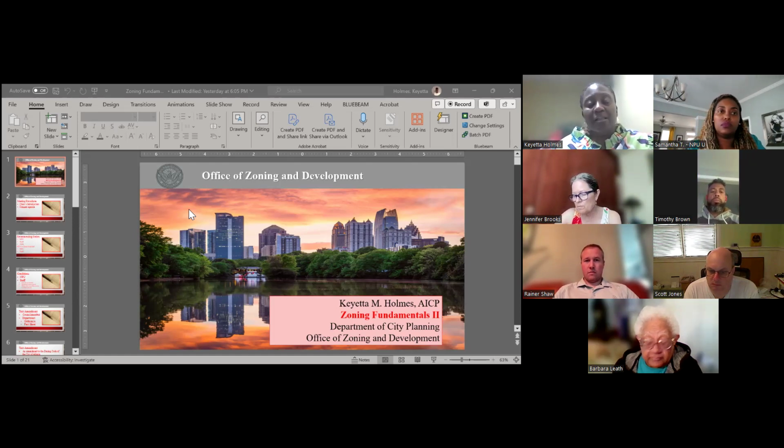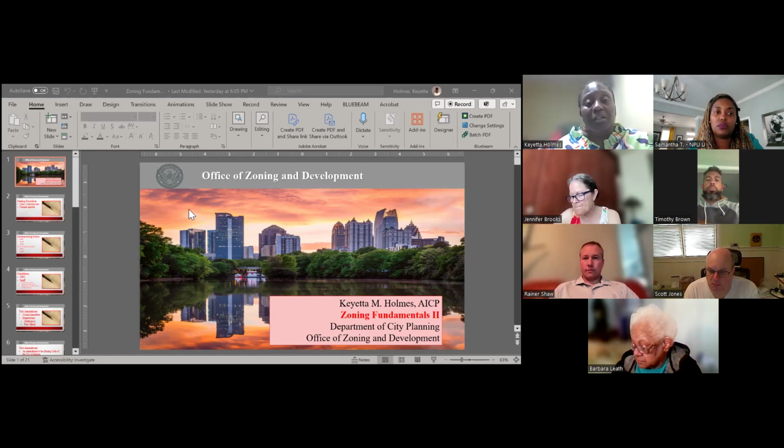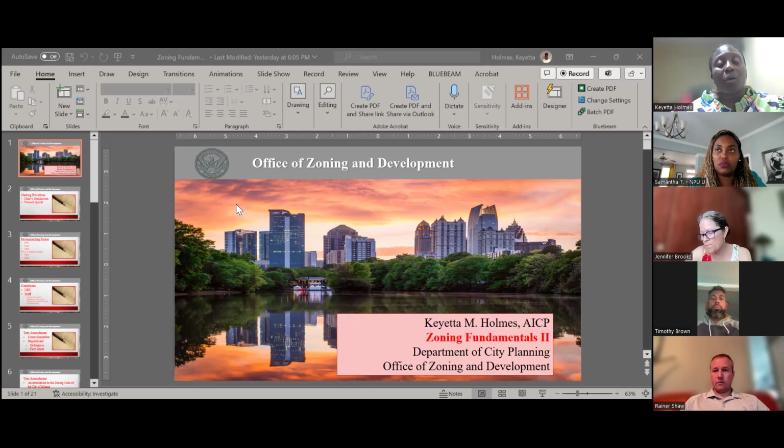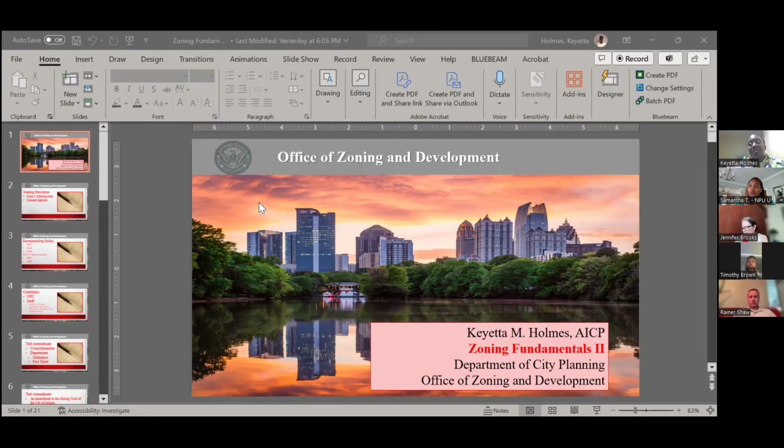Every municipality throughout the state of Georgia and any other place where there are zoning regulations has a Code of Ordinances that details everything related to zoning in that particular municipality.